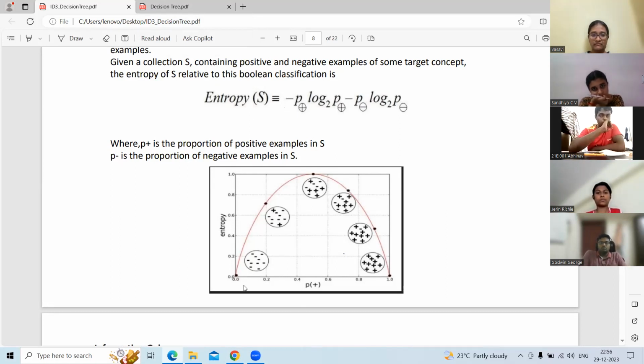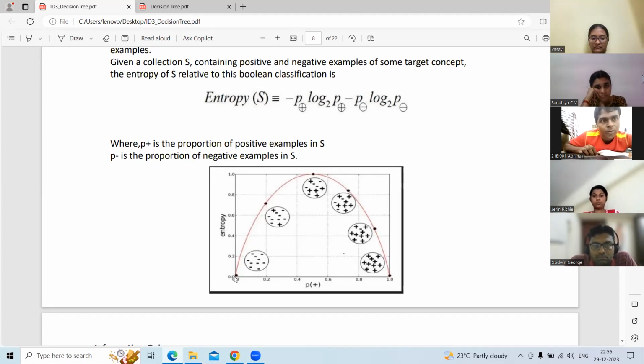Now, this is the graph we have, the graph with the outcomes and entropy. Here we have only one class, all the outputs belong to the negative class. And here, all the outcomes belong to the positive class, a single class. In this case the entropy will be 0.